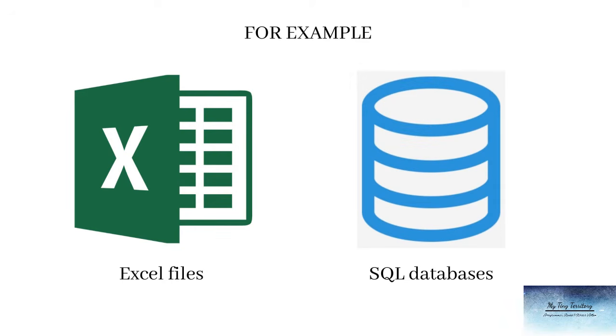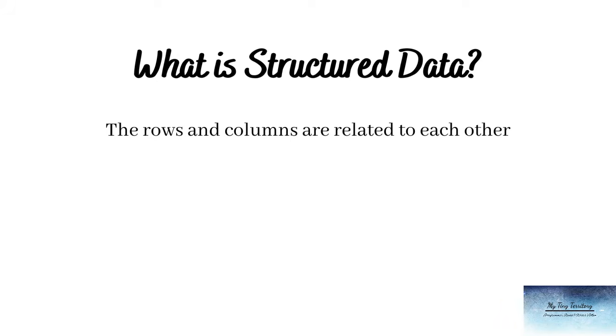We've all seen Excel. The sheets are in a tabular format and they are very well organized in a very disciplined manner. Now structured data is stored in the form of rows and columns, but it is very important that the rows and columns are related to each other. We cannot have just random data in the structured data.